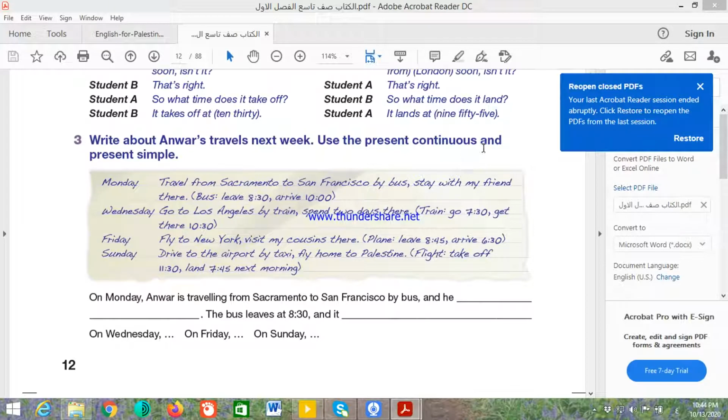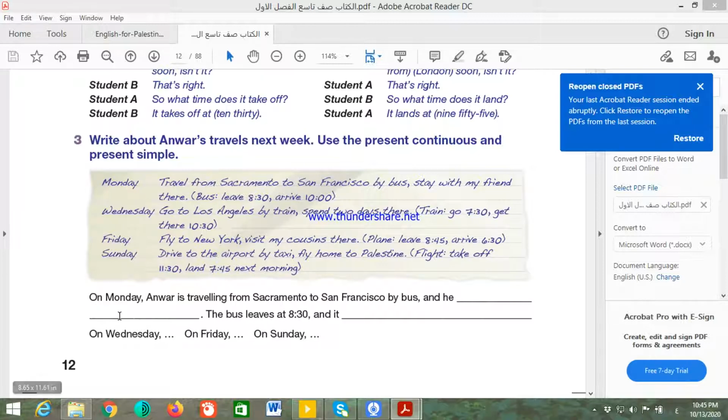Use the present continuous and present simple. Monday, travel from Sacramento to San Francisco by bus. Stay with my friends there. Bus leaves 8:30, arrive 10 o'clock, and so on.